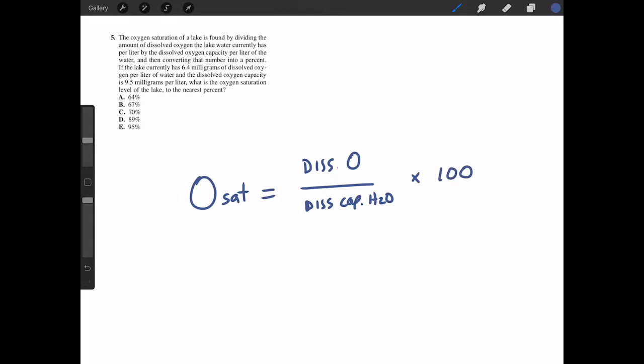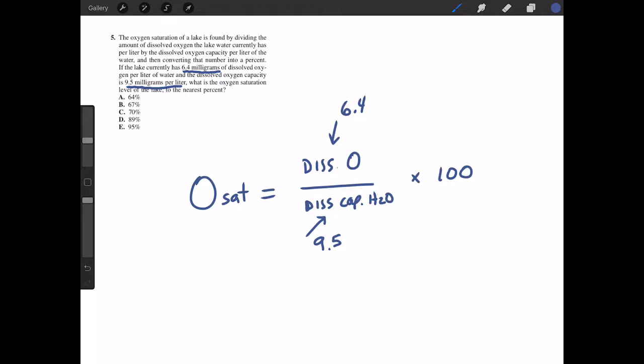So if the lake currently has 6.4 milligrams of dissolved oxygen per liter of water, and the dissolved oxygen capacity is 9.5 milligrams per liter. And again, we just need to make sure that these units match. And it does match.